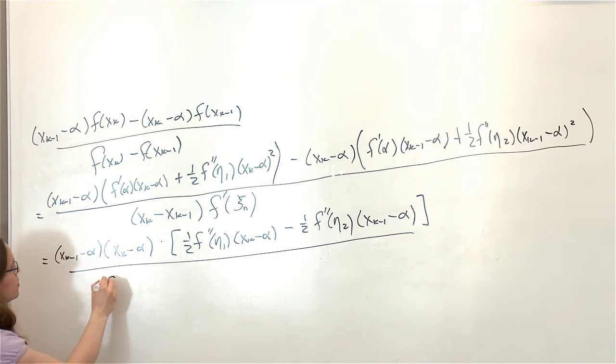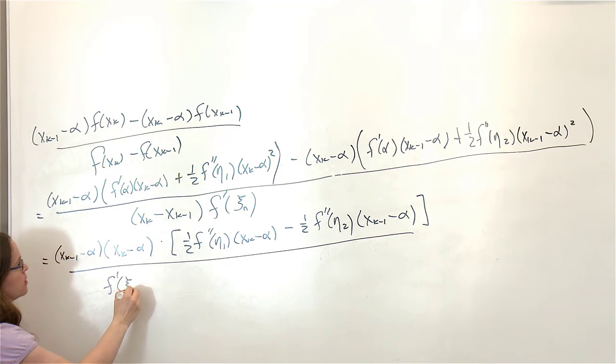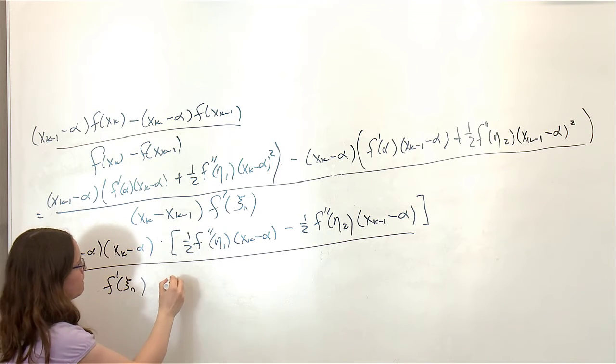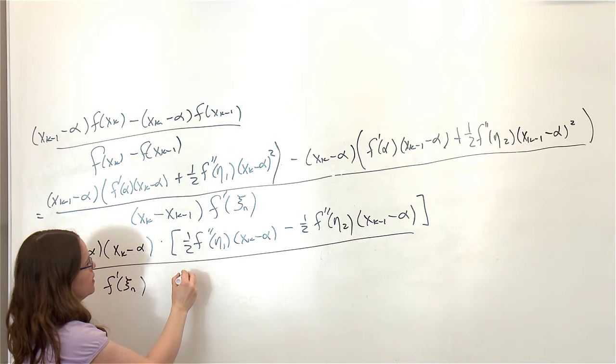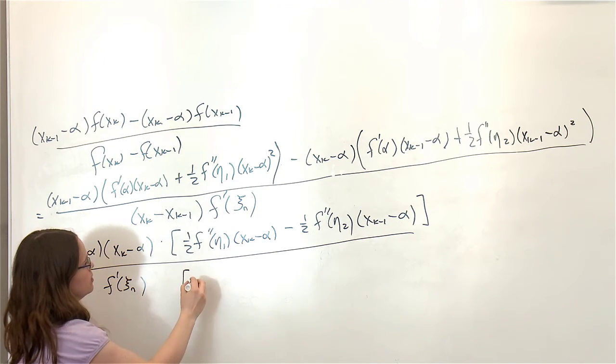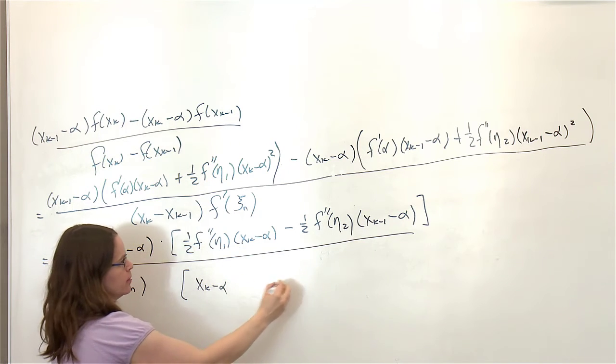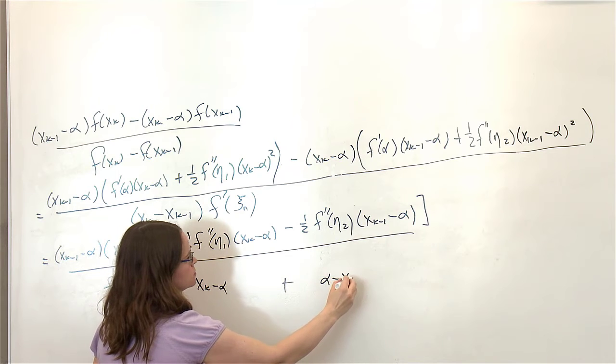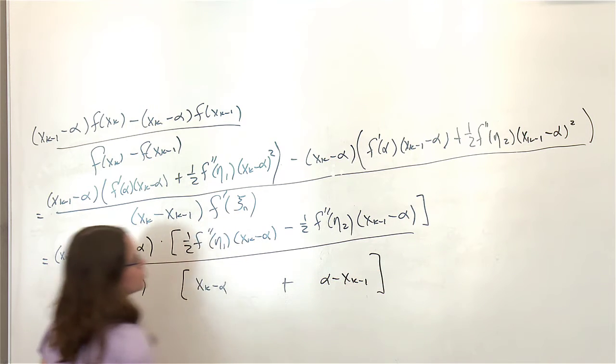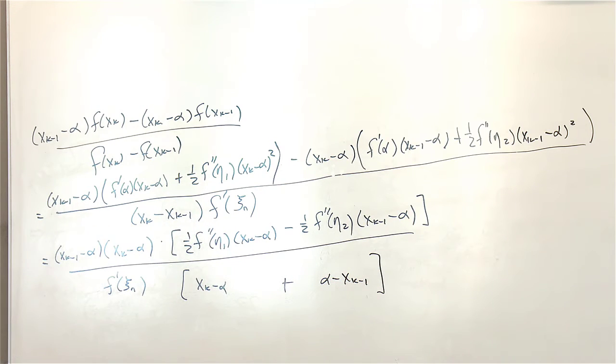Divided by, I'm going to write f prime over here, and I'm going to write this in a way that mimics the terms I've got going on here. So why am I doing that?